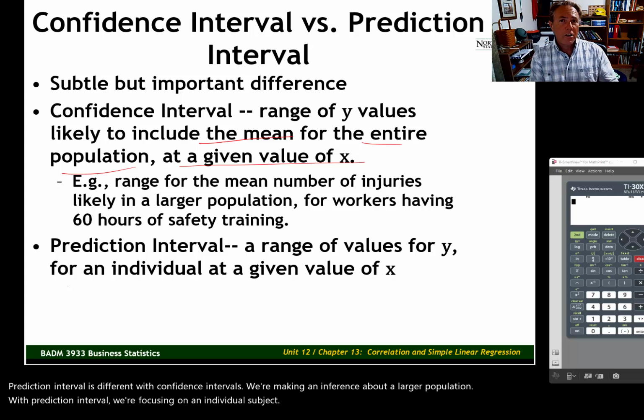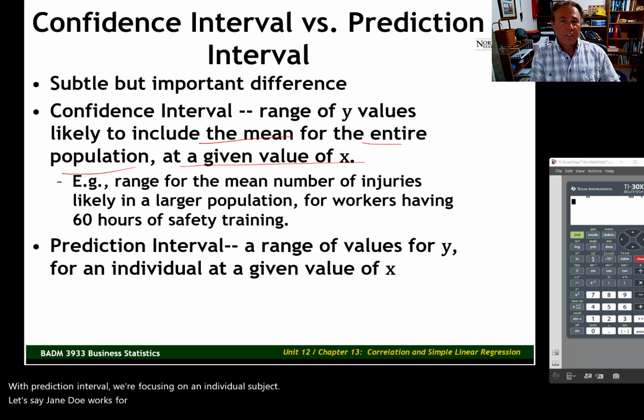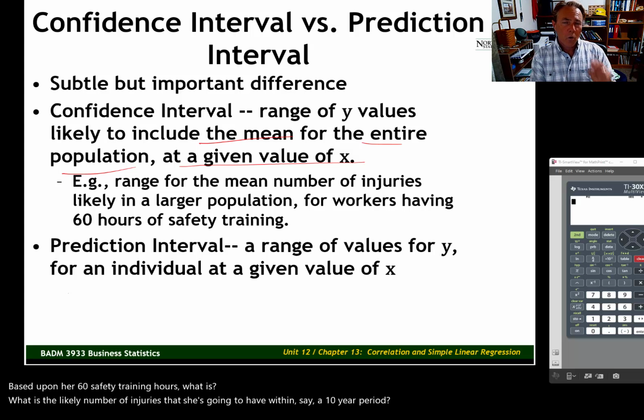Let's say Jane Doe works for our company and she's had 60 training hours. Based upon her 60 safety training hours, what is the likely number of injuries that she's going to have within, say, a 10-year period? We're focusing on an individual.